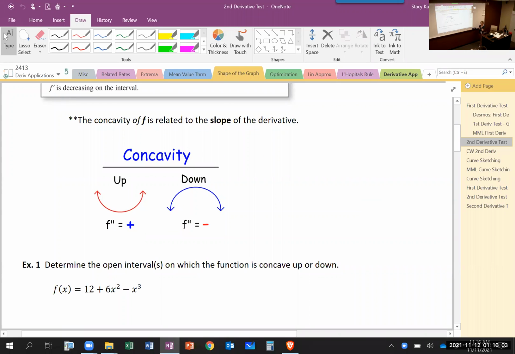If the second derivative is negative, it tells me where the first derivative is decreasing, just like the first derivative tells us that exact same thing about its function.